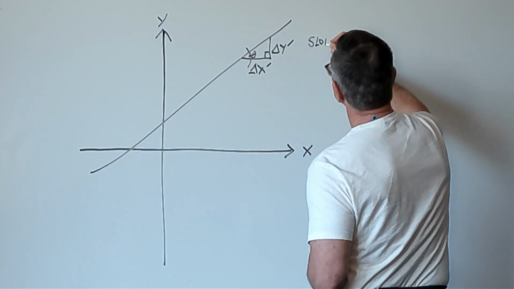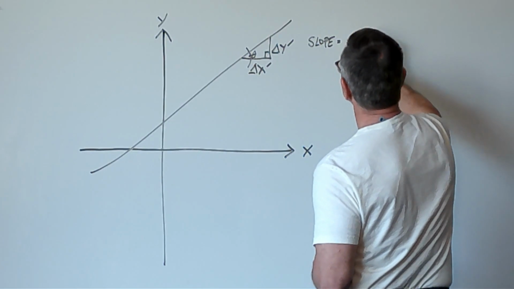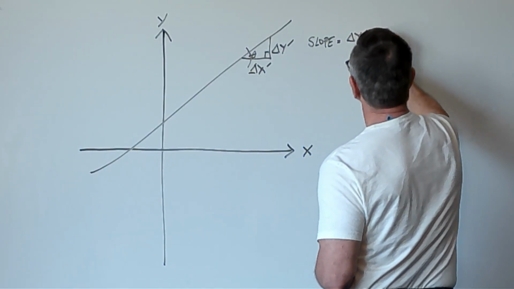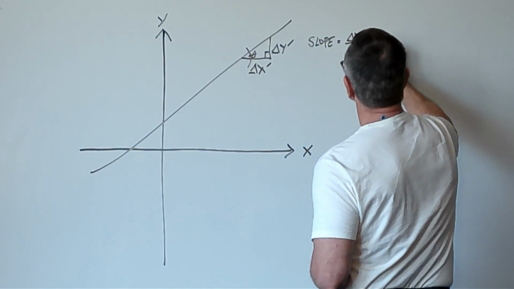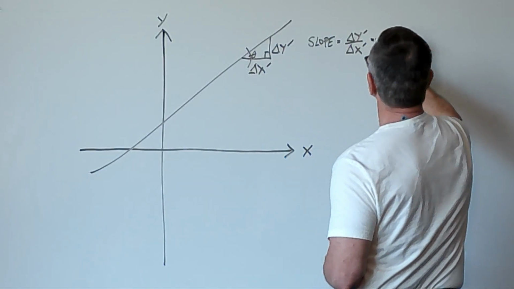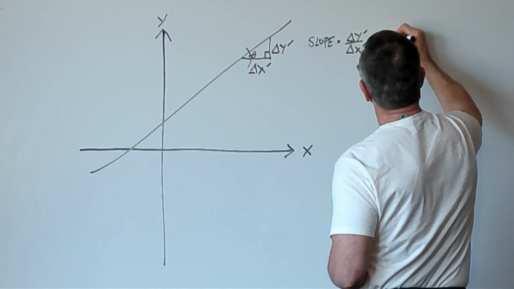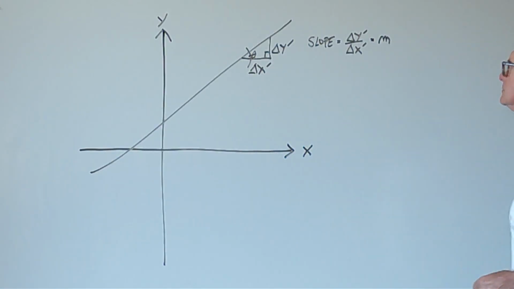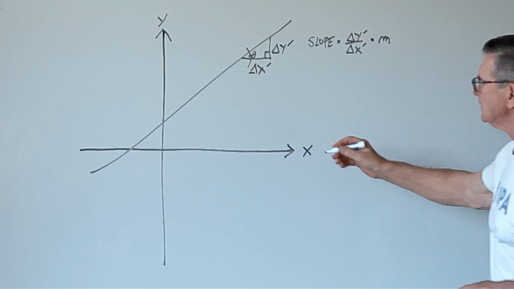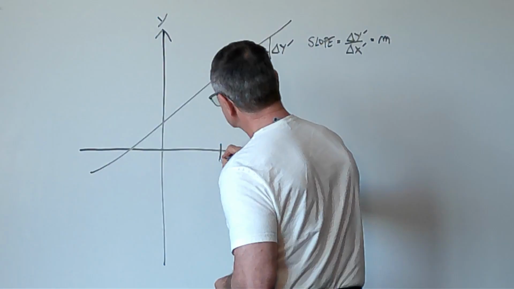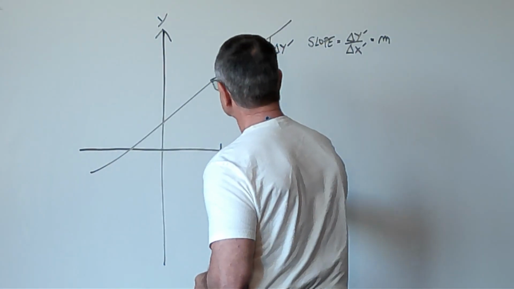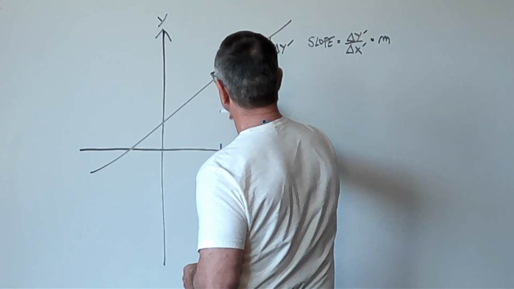Consider our line again, plotted in a rectangular coordinate system with its slope determined by delta x prime and delta y prime. We know that choosing any other 2 points on the line will result in the same value for the slope designated by the symbol m, due to the properties of similar triangles.